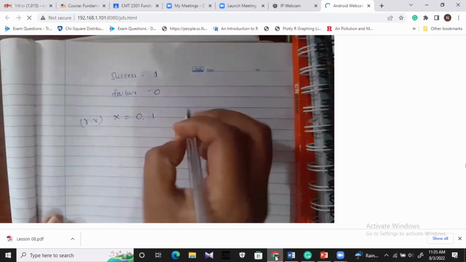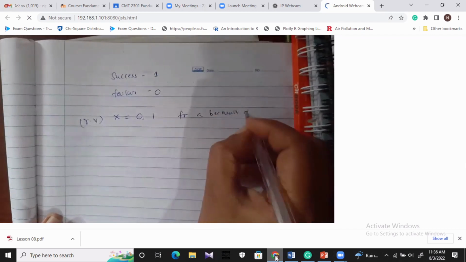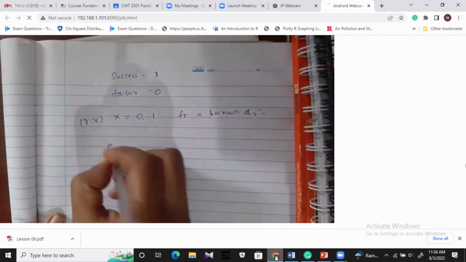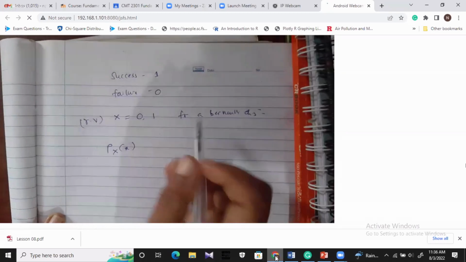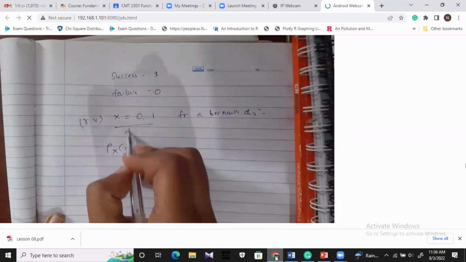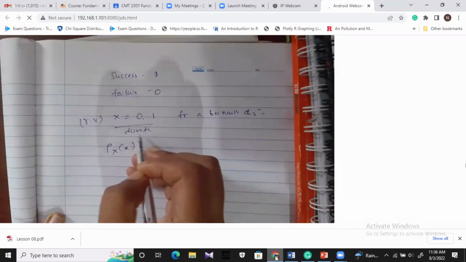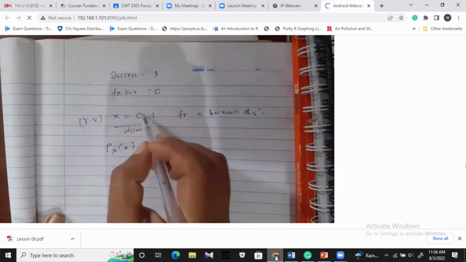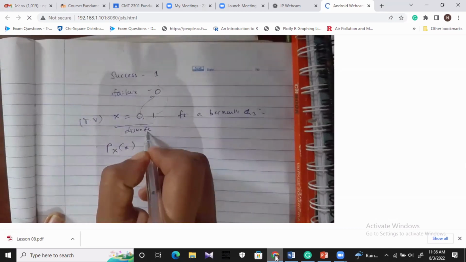Okay, for a Bernoulli experiment or Bernoulli distribution, how can we write the probability mass function? We have a discrete random variable, either 1 or 0. 1 represents success, 0 represents failure. Therefore, X is a discrete random variable.